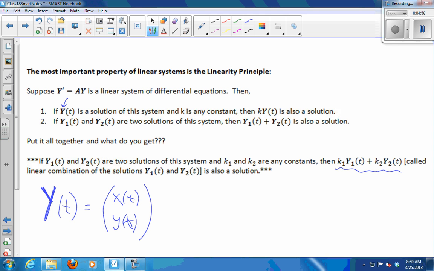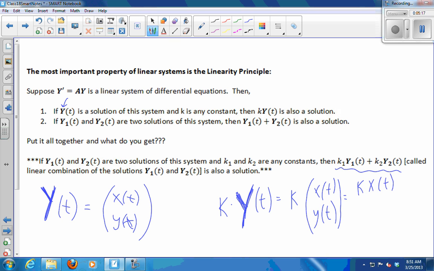And when you multiply a vector by a constant, so if I do k times y of t, that means k times x of t, y of t, which is k times x of t, k times y of t.